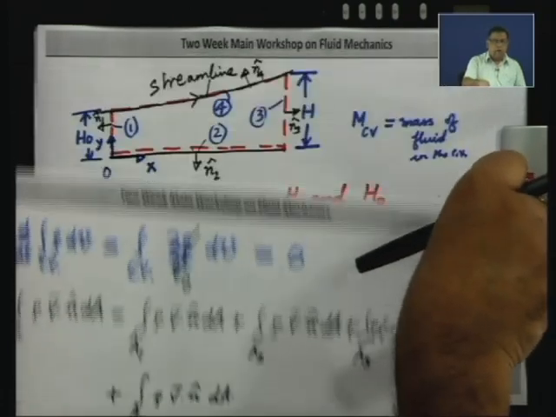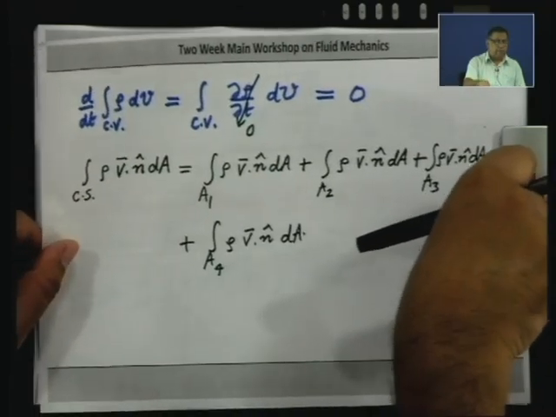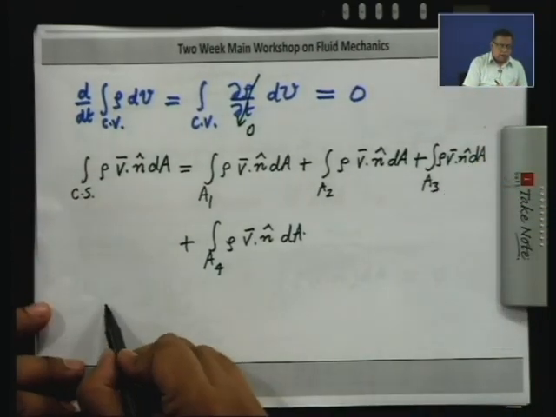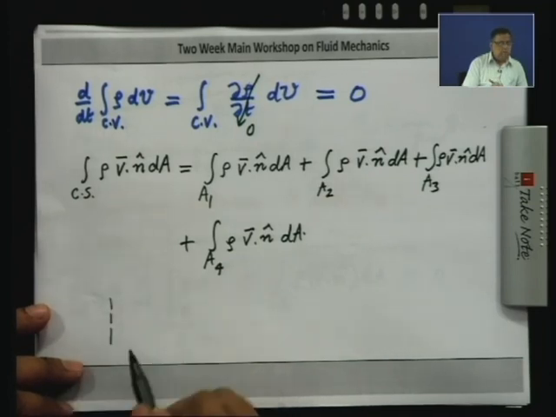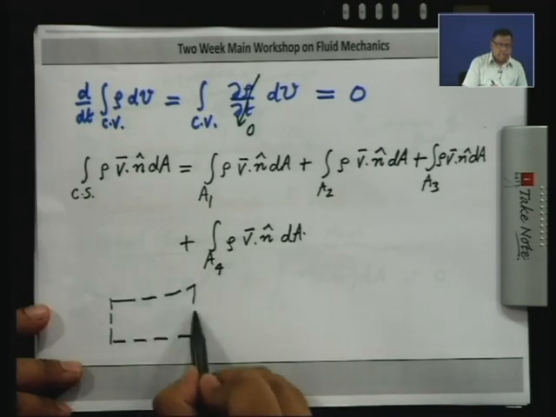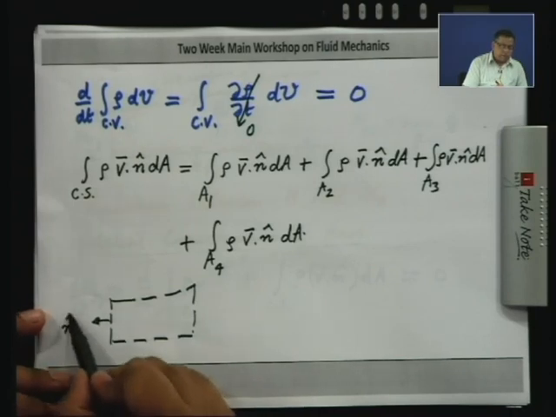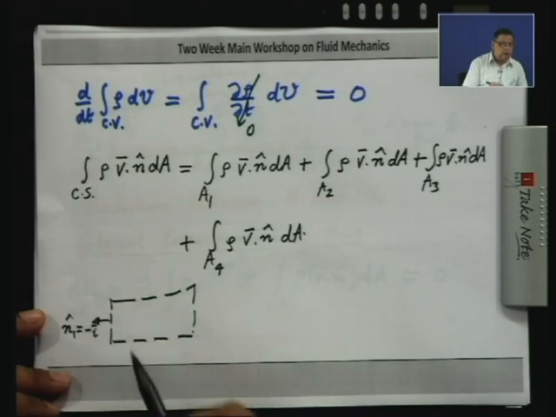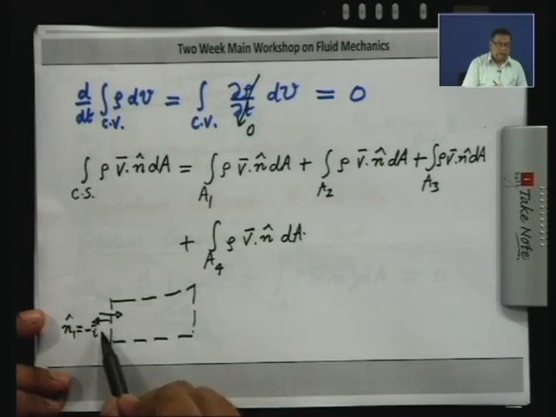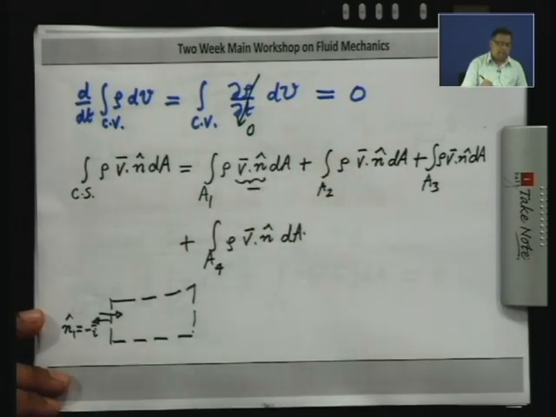Now, let us write down the signs of these quantities. So, I will draw that control volume again. This is my surface 1, the outward normal is minus i, and the fluid velocity will be in this direction. So, here V dot (minus i) is going to be negative. So, this quantity is minus on surface 1.